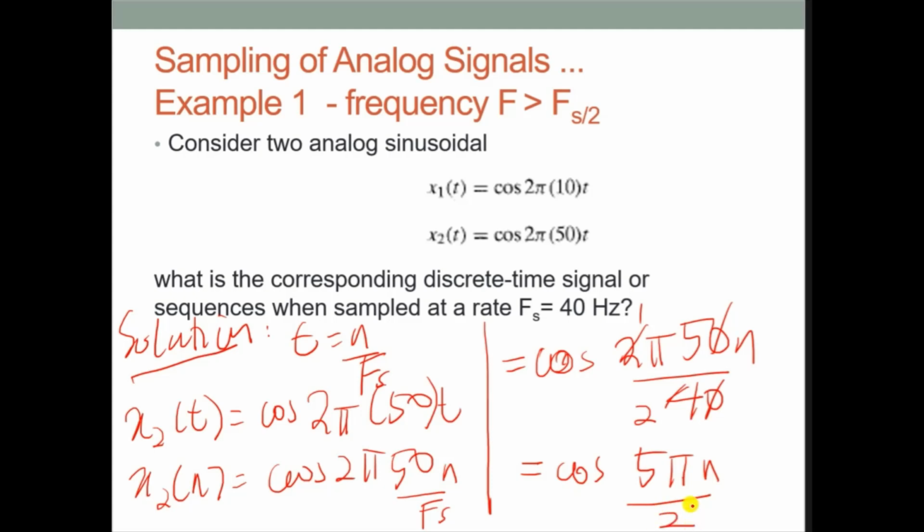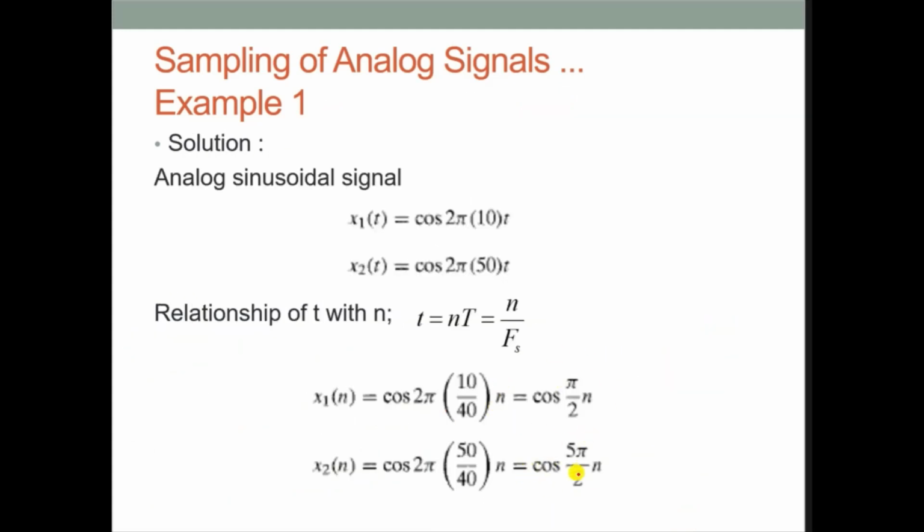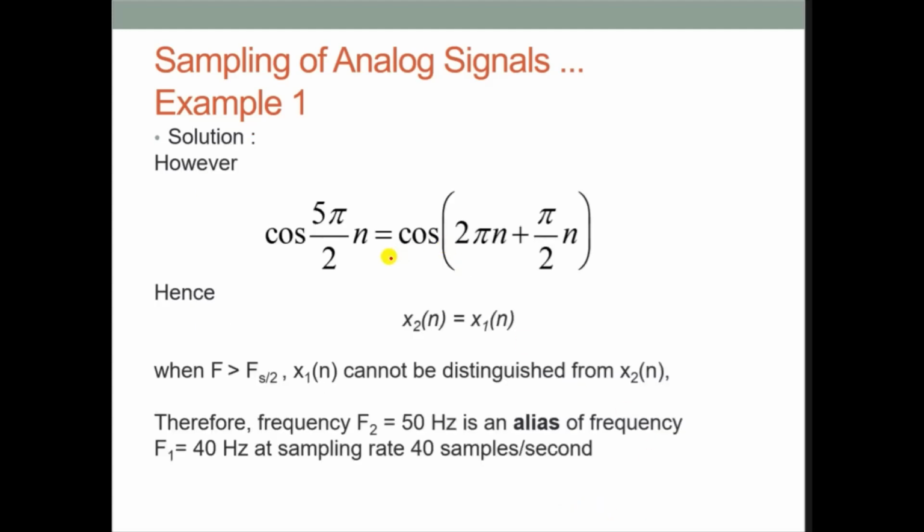So this is x2(n), your discrete time signal. But look closely at x2(n). Cos 5 pi over 2 n gives you something similar to if you changed it to cos 2 pi n plus pi over 2 n.